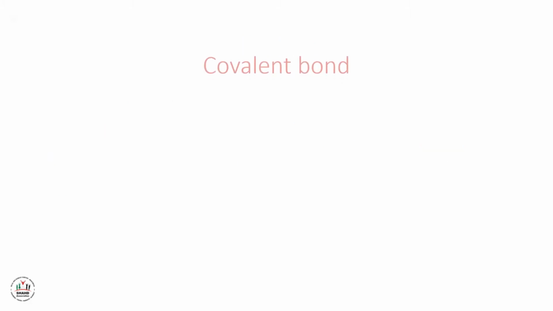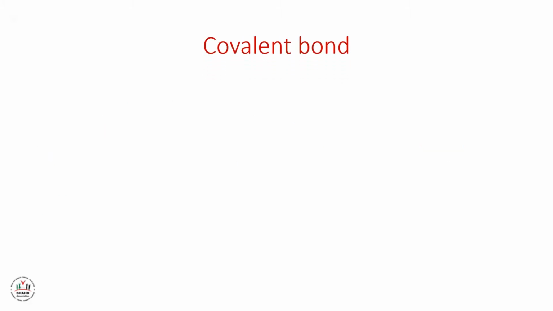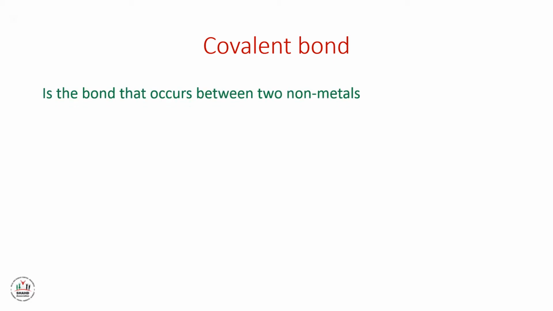In the previous time, we talked about the ionic bond. In the Explore section, we made a simple review about the ionic bond and we said that it occurs between metals and nonmetals. Today, we will take a new bond. It's called the covalent bond. The covalent bond is the bond that occurs between two nonmetals.